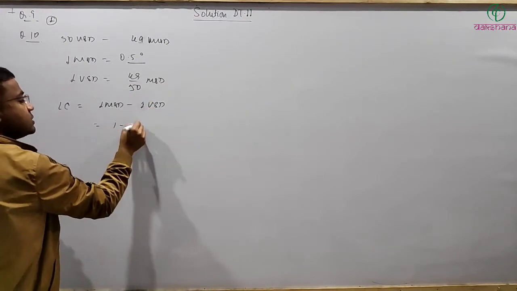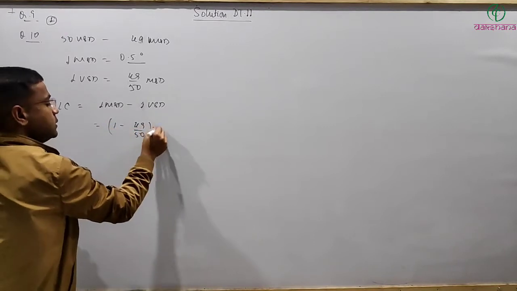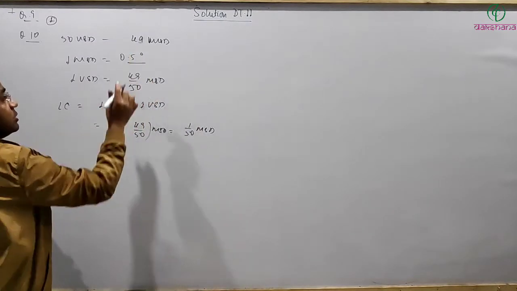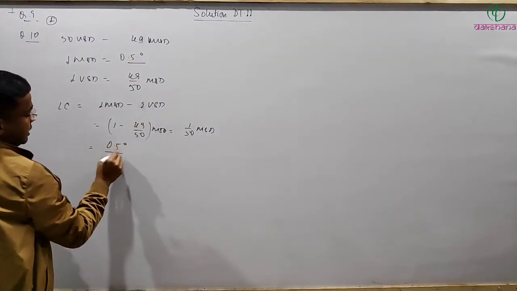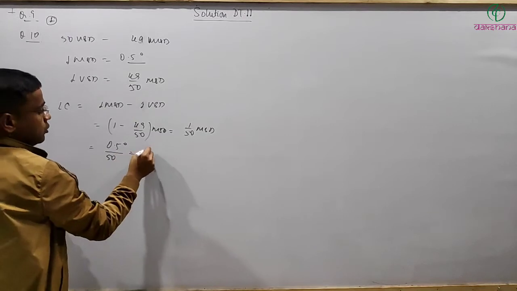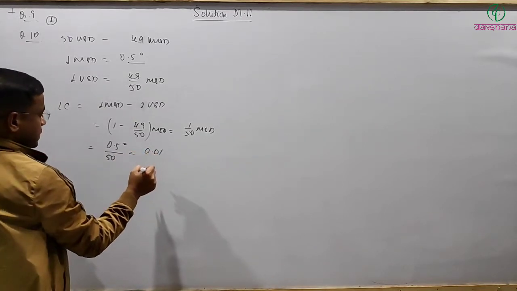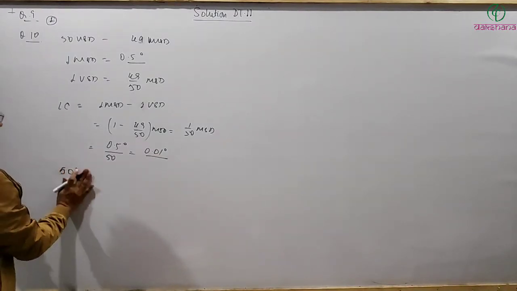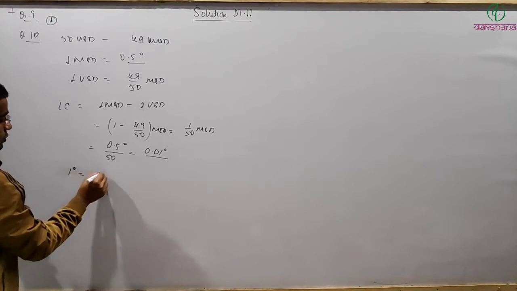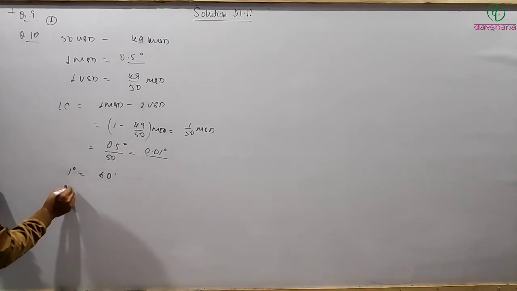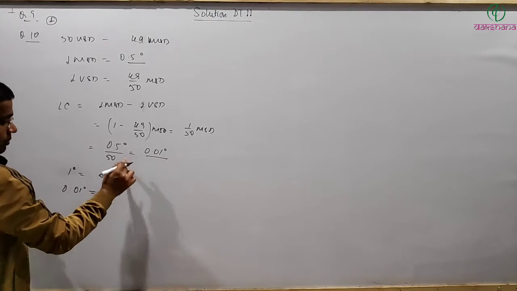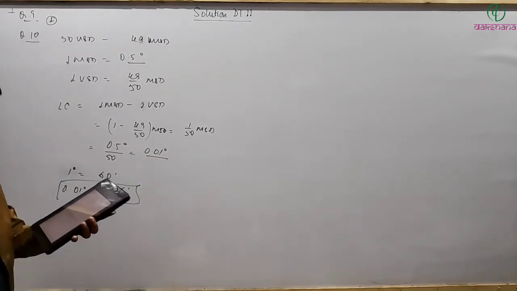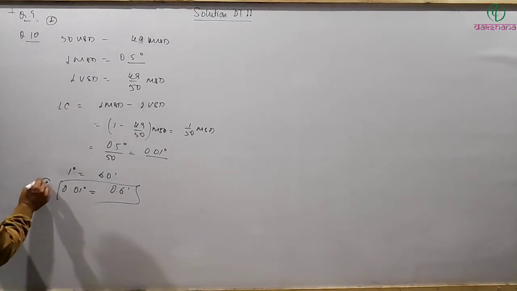So it's 1 minus 49 by 50 into MSD, that is equal to 1 by 50 MSD, और MSD कितना है 0.5 degree, so it's 0.5 degree divided by 50, that is 0.01 degree, and here we know actually 1 degree is equal to 60 minutes, so this implies 0.01 degree is 0.6 minutes. So because the options are given in terms of minutes, it will be matching with option number 1.